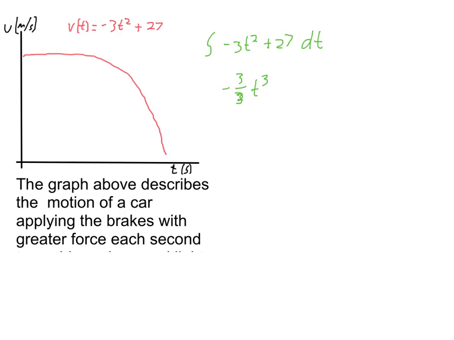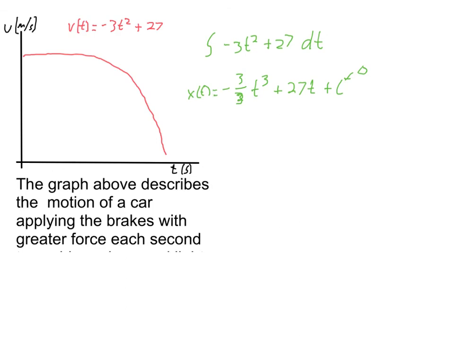Because 2 plus 1 is 3, and I have to bring that 3 down. So negative 3 over 3 t cubed plus 27t plus c, where c is x naught, and I'm going to assume that x naught here is 0 in this case. All right, so that's what my position x of t function is.